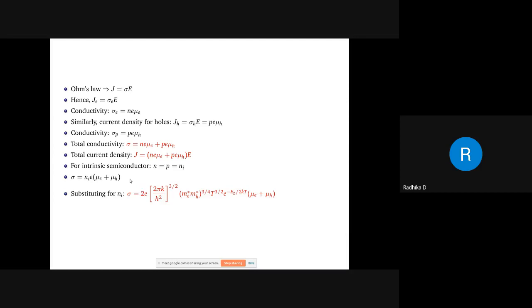So the total electrical conductivity of the intrinsic semiconductor, I will now rewrite as sigma is equal to this from Ni, the entire thing comes, and then there is E, I put the E here, and then mu E plus mu H. So this is the expression for electrical conductivity. The only thing was you need to know what is Ni, that is the expression for intrinsic carrier concentration.